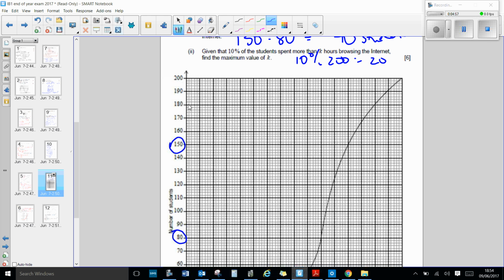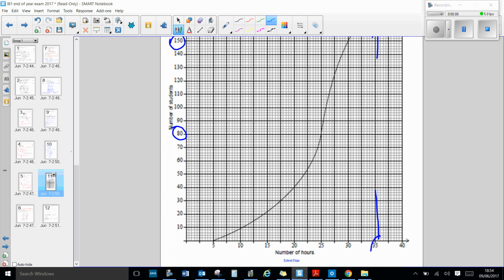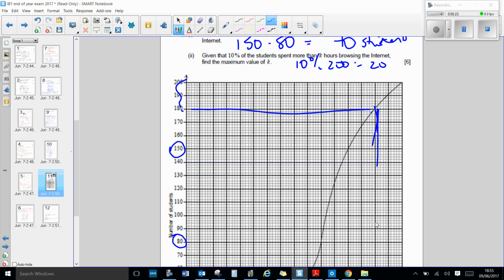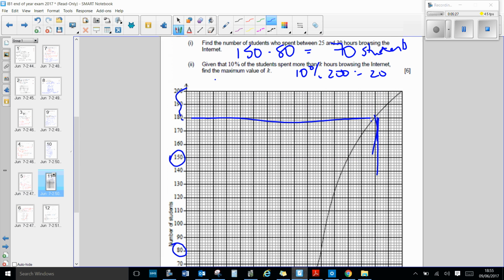So 20 students will be at 180. We're looking at this here, which is 35, because these 20 students spent more than 35 hours on the internet. So the answer is 35.